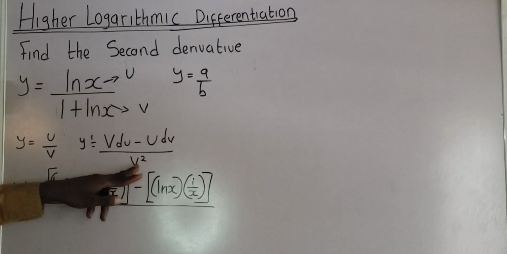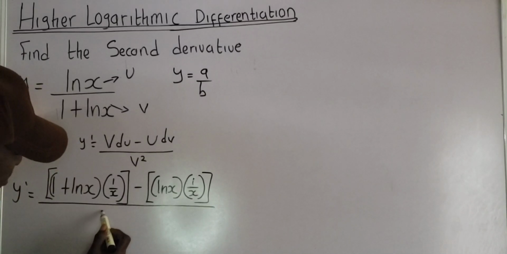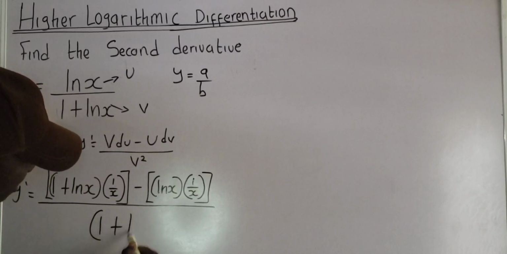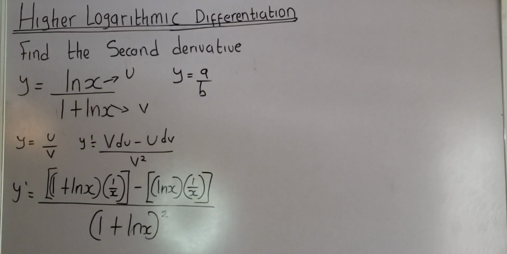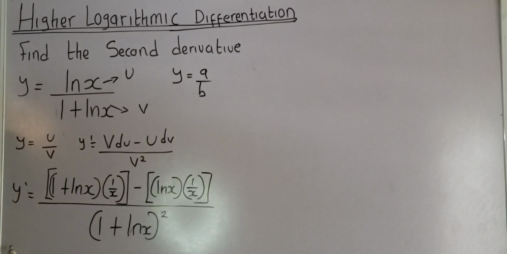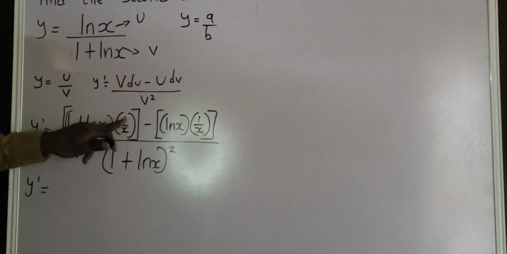All over v squared. V is 1 plus ln x. So I'm going to have all over 1 plus ln x squared. Please, I want you to pay attention. There is no magic in this. Just follow the process and you are going to understand. So let's proceed. The derivative of y is equal to 1 plus ln x multiplied by 1 over x.